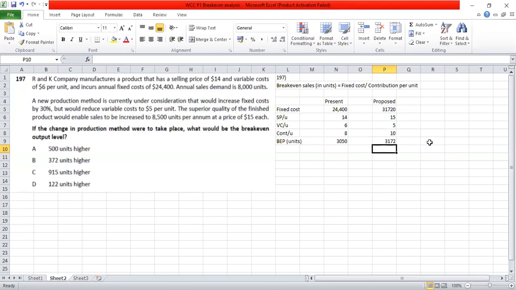The difference, is that the answer? So 122 units a year.